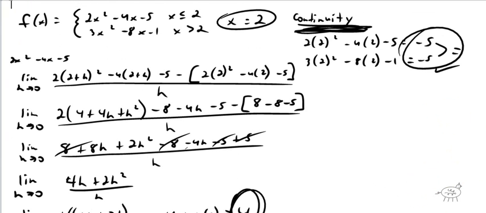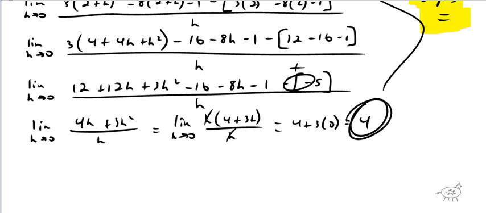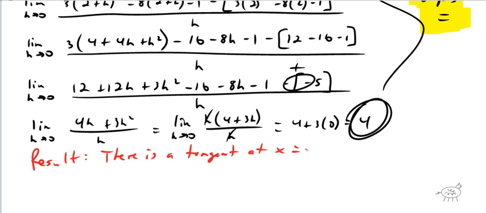There is a tangent at A. So result here, there is a tangent at x equals 2. Okay? And you'll say that because it's continuous and slopes are equal. Okay? Not bad, right? Pretty easy to do.